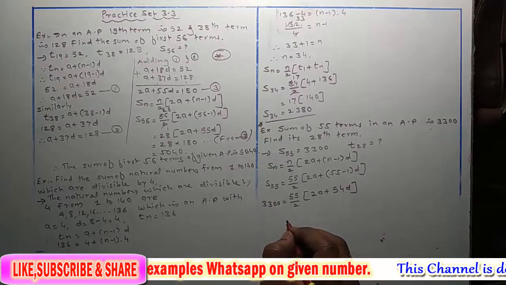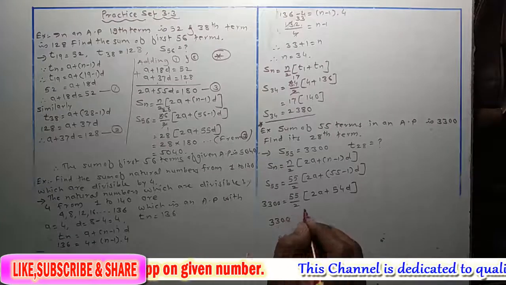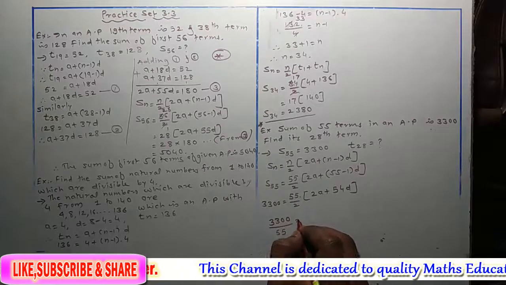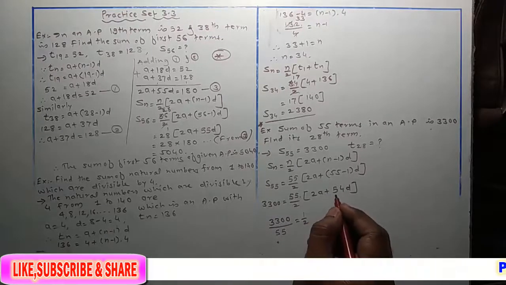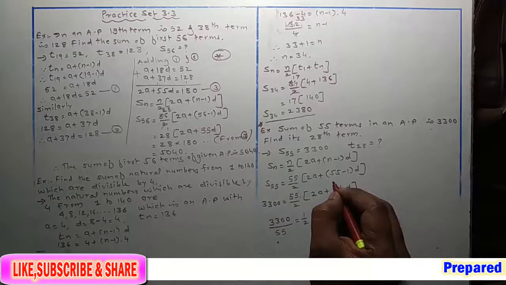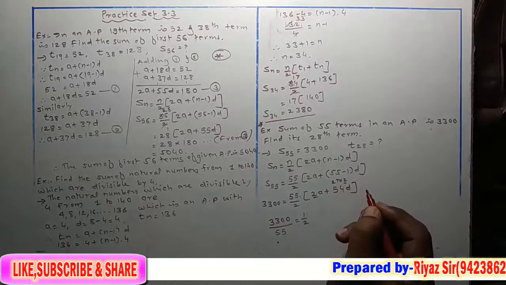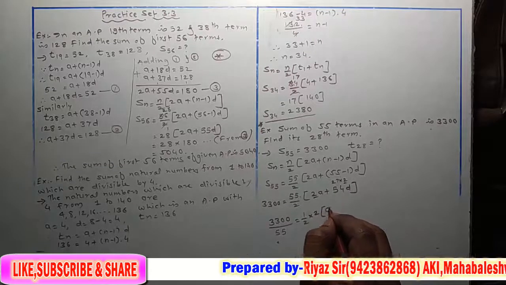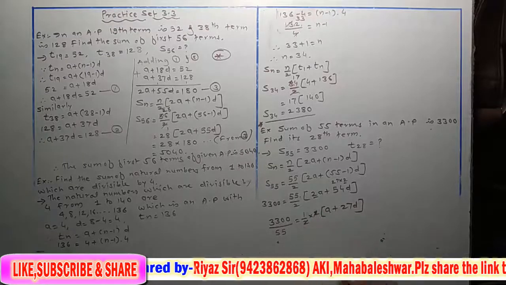After that, this 55 is in multiplication on the left hand side, it comes in the denominator, is equal to 1 upon 2, and from these two terms we can take 2 common, because this 54 is nothing but 27 2s are 54. So you can take 2 common into bracket a plus 27d. So this 2 gets cancelled.